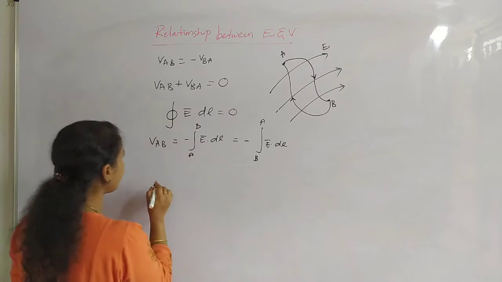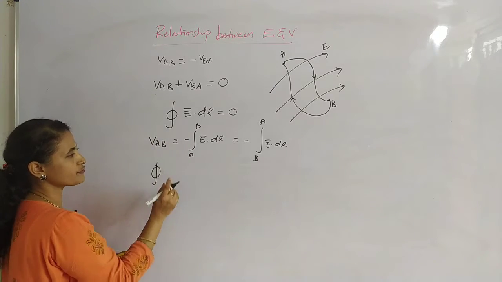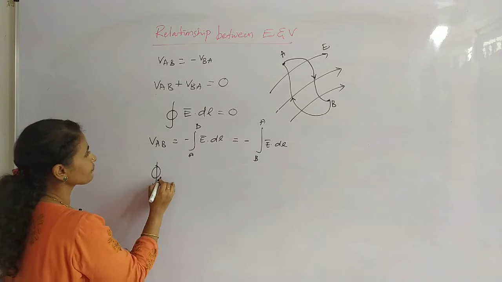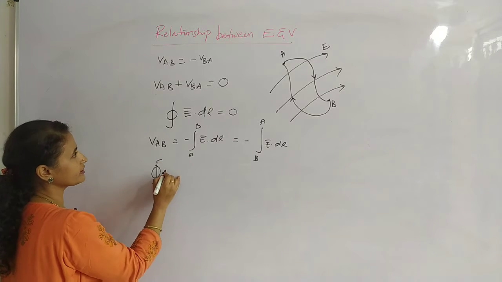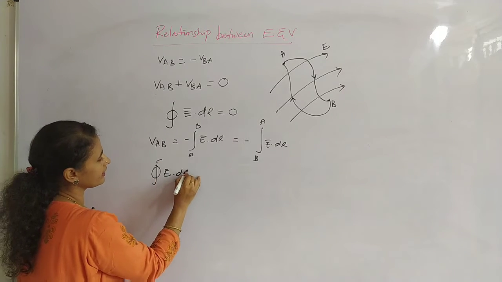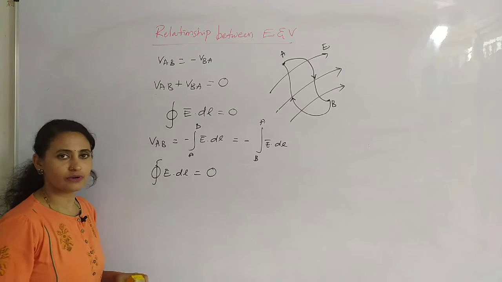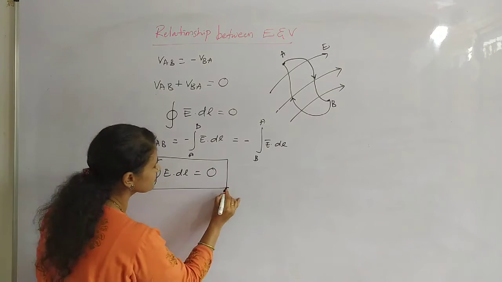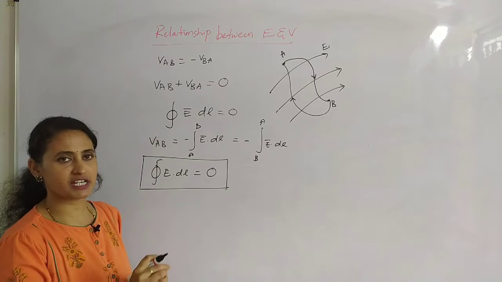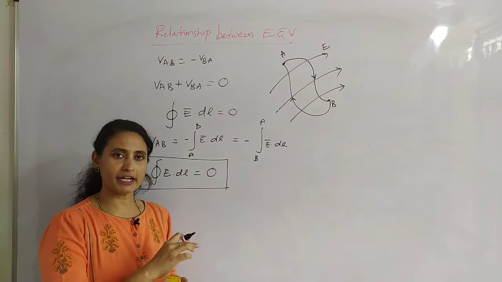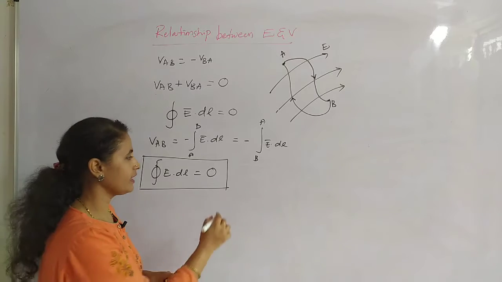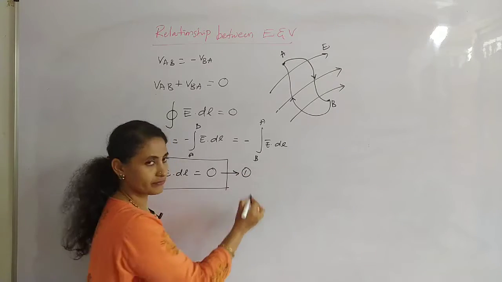Taking this term to this side, we get over a closed path from A to B and B to A, the closed integral of E bar dot dl equal to 0. So the work done over a closed path, bringing a point charge from A to B and from B to A in electric field, is 0. This is equation 1.